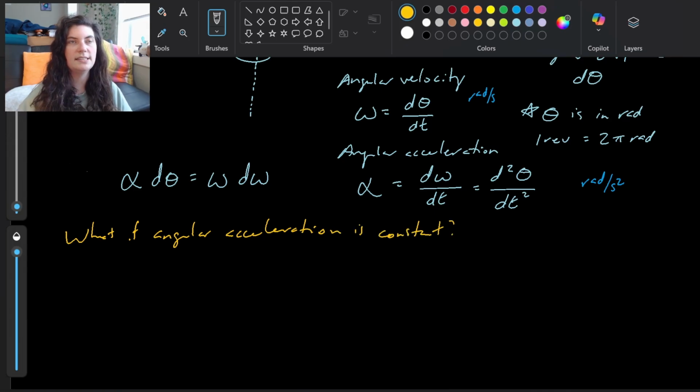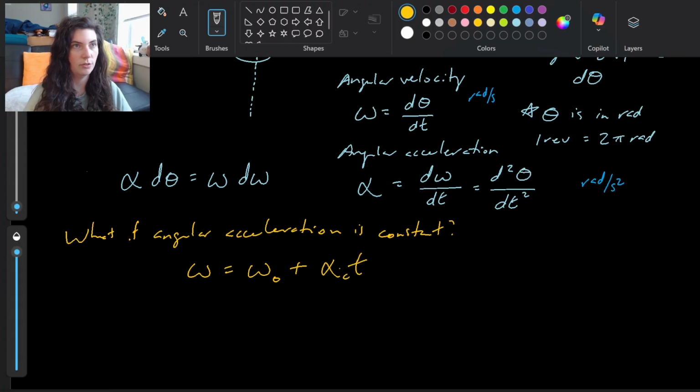Then by this same token, as we had v equals v naught plus at, here we're going to have omega, that's our angular velocity, equals initial angular velocity, omega naught, plus alpha times t, right? That constant angular acceleration alpha times time.